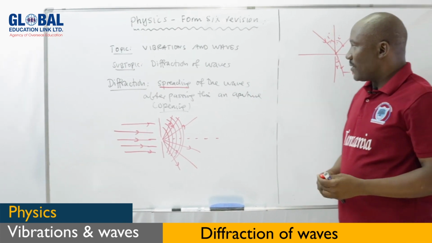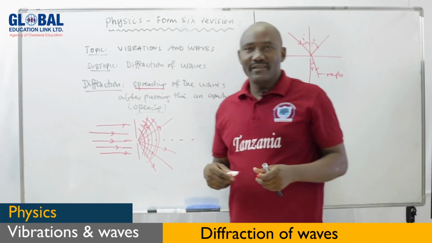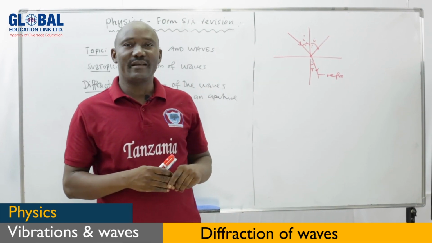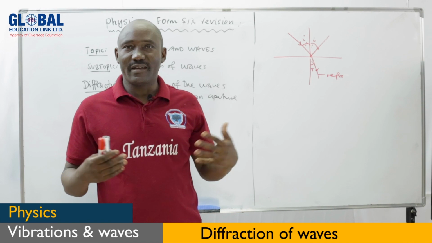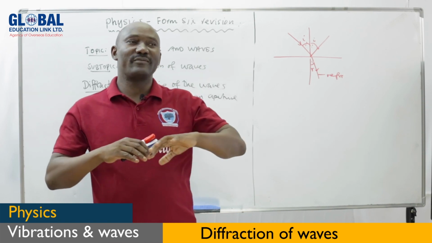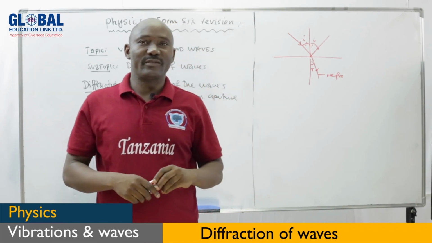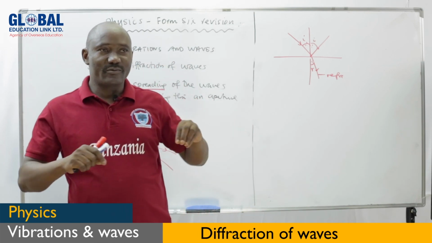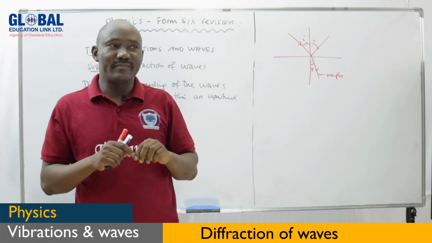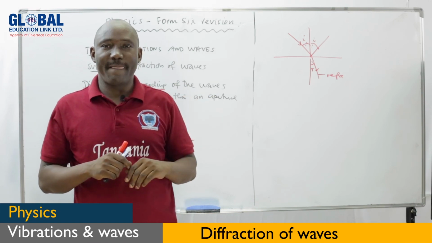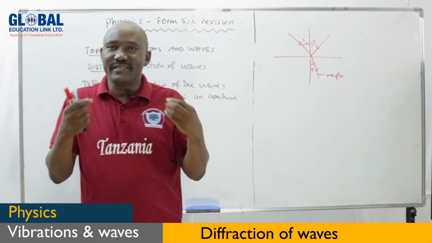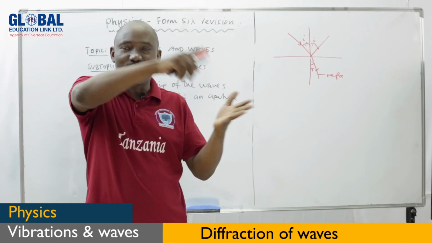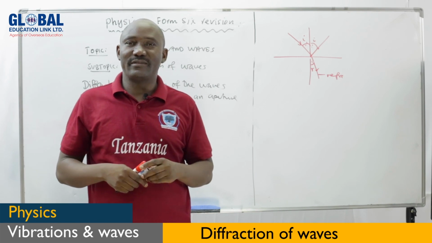So now you may ask yourself, why do you apply this concept of diffraction? How can it be seen in our life? Assume you have a special room, too dark, and maybe at night it's closed. You have a very small hole where the waves can pass, and someone is producing sound from that room, and you are hiding outside the room at the corner, that sound can be detected.